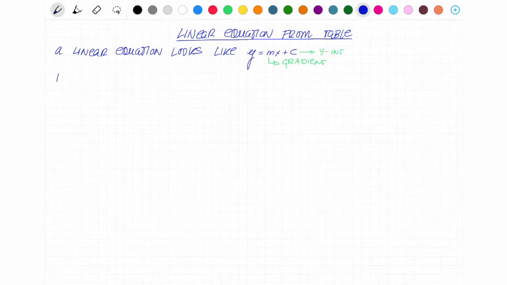So for how to step by step, first you create the table if they give you a sequence instead of a table. Most of the times they're going to give it to you.